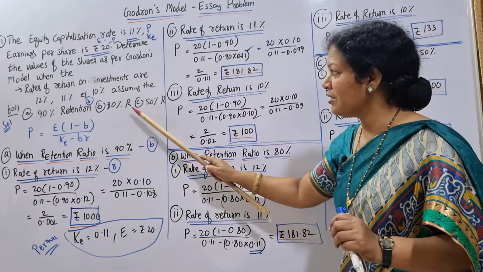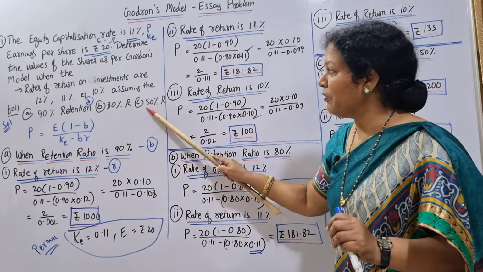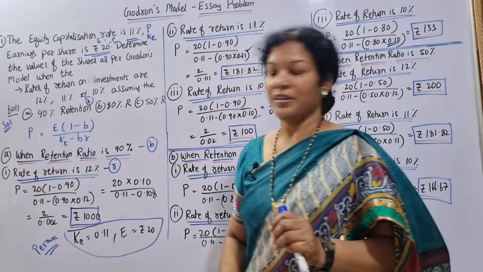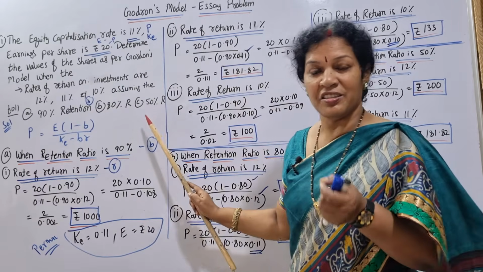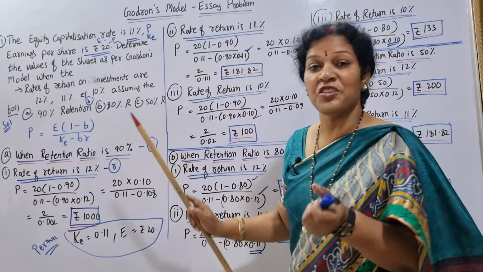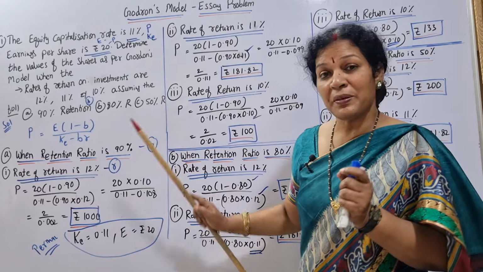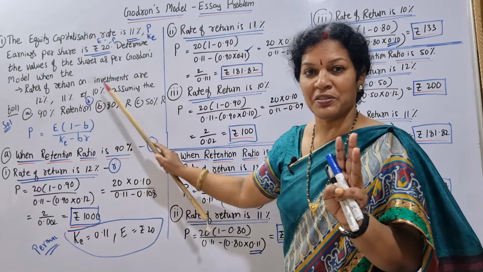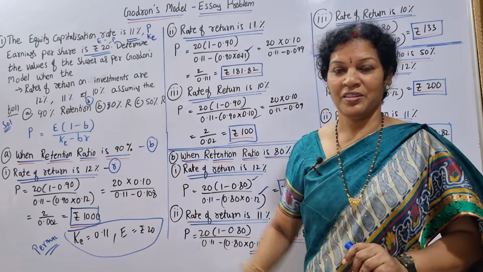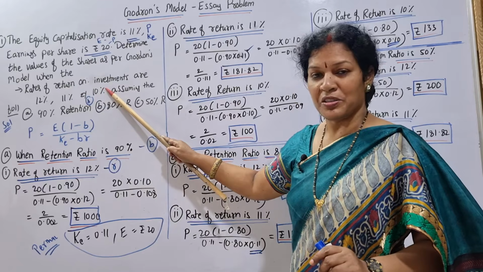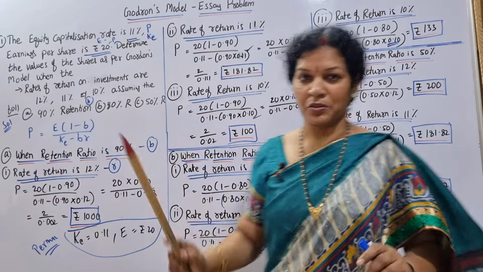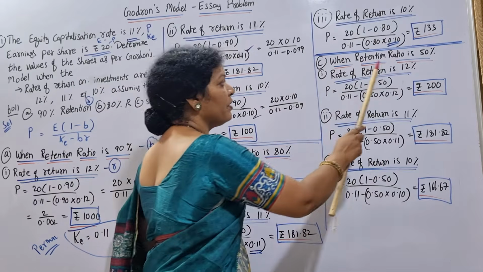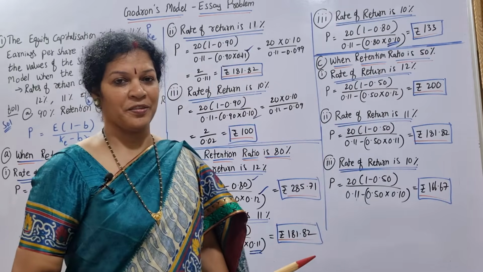The third case is here, retention of 50%. When 50% retention, once again 3 cases we will take, 12%, 11%, 10%. This is return on investment. Retention is 50%, so I kept a heading of when retention ratio is 50%.